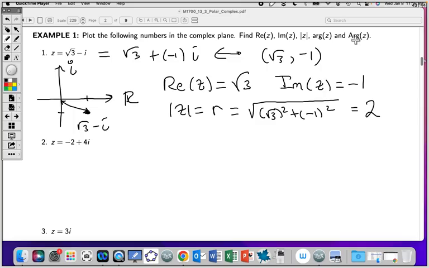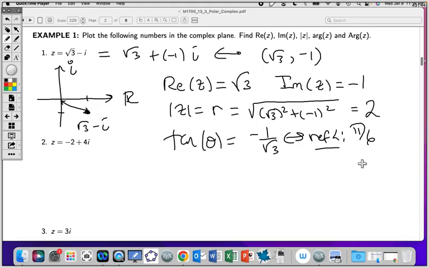All right, now to get the argument, we need to figure out the angle involved. So the tangent of theta, as usual, is the y over the x. So it's the imaginary part over the real part, -1 over square root 3. I know that reference angle, because that'd be a pi over 6 reference angle, root 3 over 3.